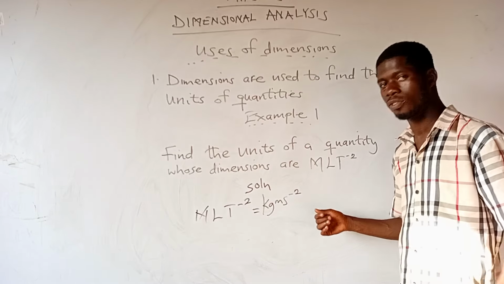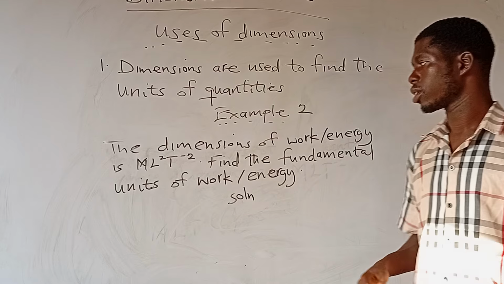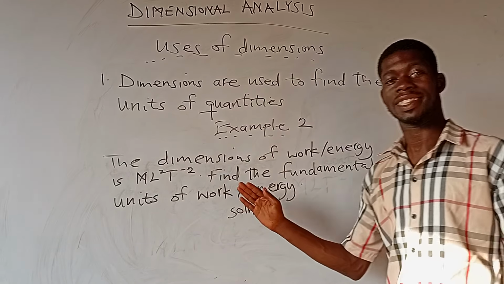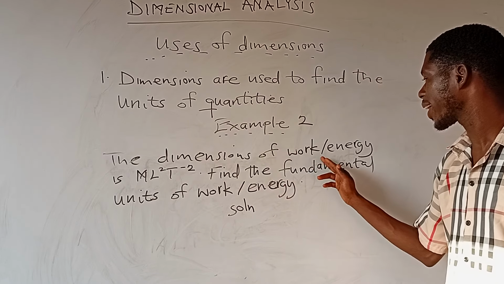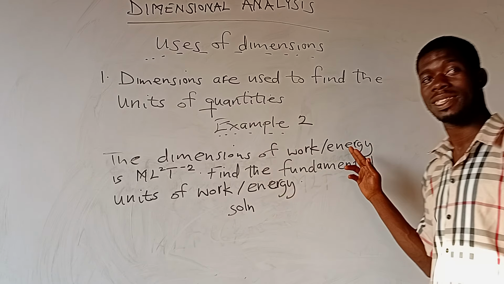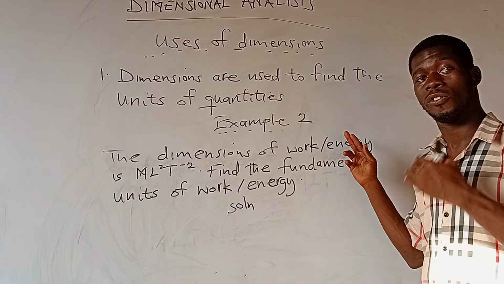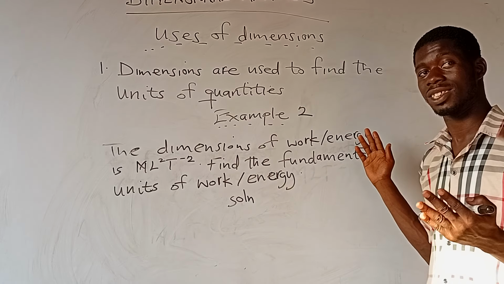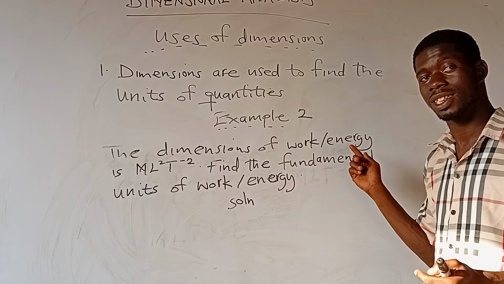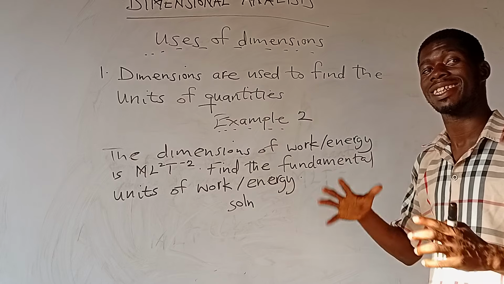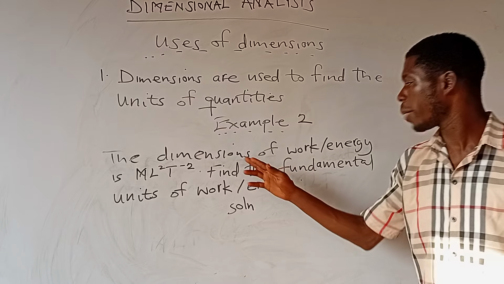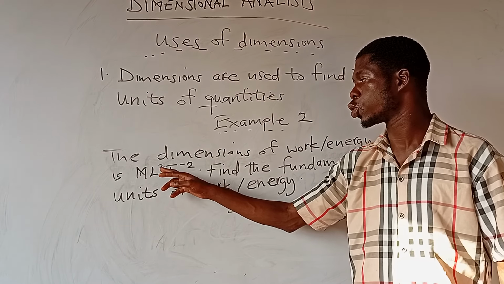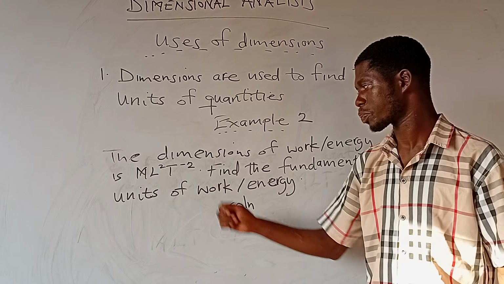I think I have to clean the board for the next example. Okay, so still on the first use of dimension. Example 2. It says the dimensions of work or energy. If you find the dimension of work, it is the same as that of energy. So the dimensions of work or energy is ML^2T^-2.